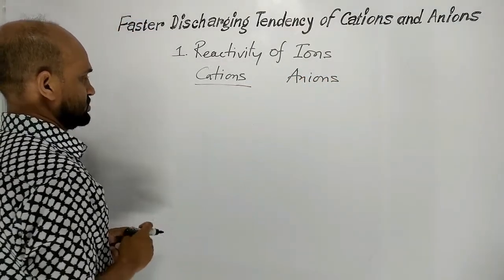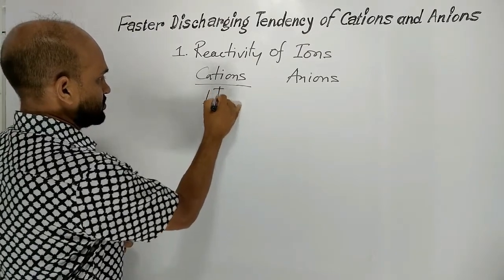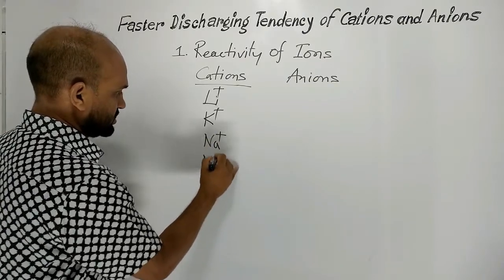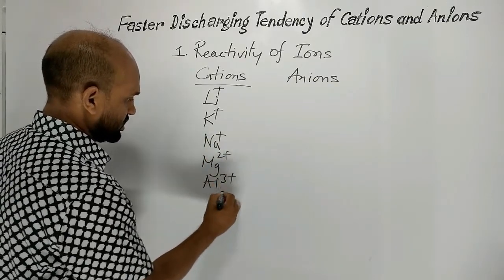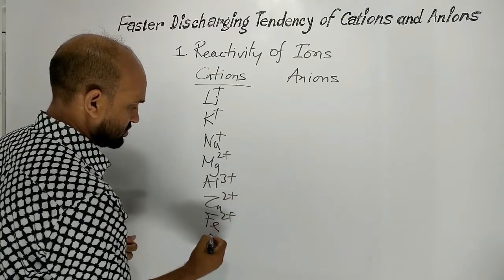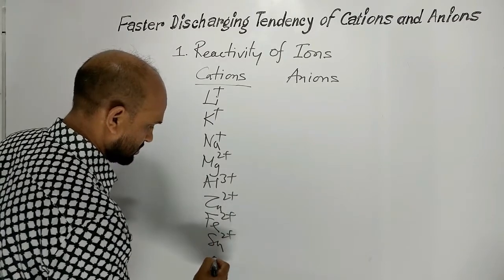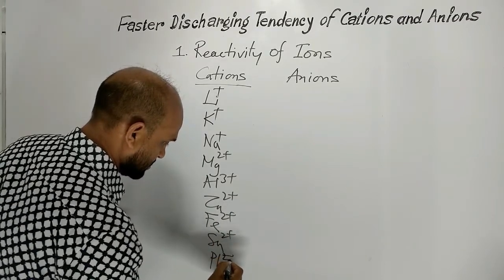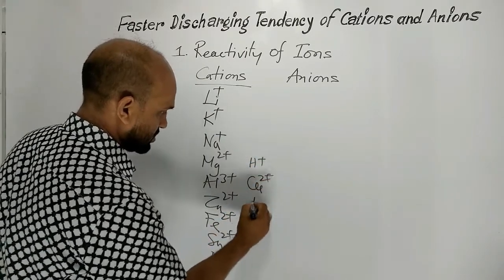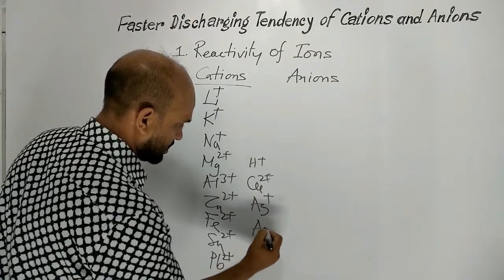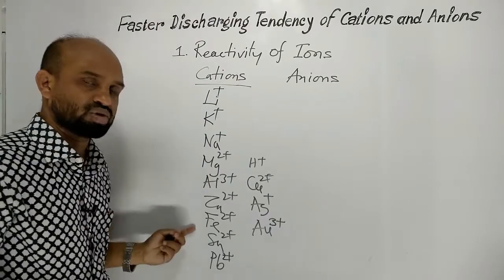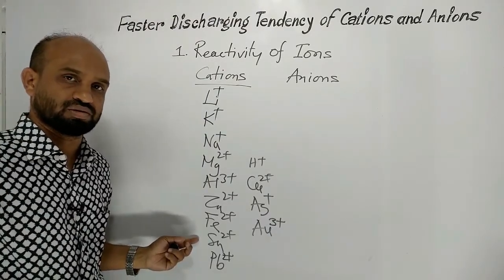Cations are lithium, potassium, sodium, magnesium, aluminium, zinc, iron, tin, lead, hydrogen, copper, silver, and gold. This is electrochemical series of cations.